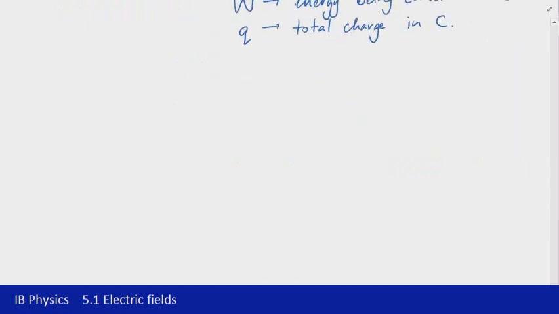Now, that term voltage is a fairly general term, and we need to be a little bit more specific about whether or not the energy is being converted to electric potential energy, or whether it's being converted from electric potential energy. And that means we've got two categories that we can classify voltages into, and those two categories are the two terms that we had right at the beginning.